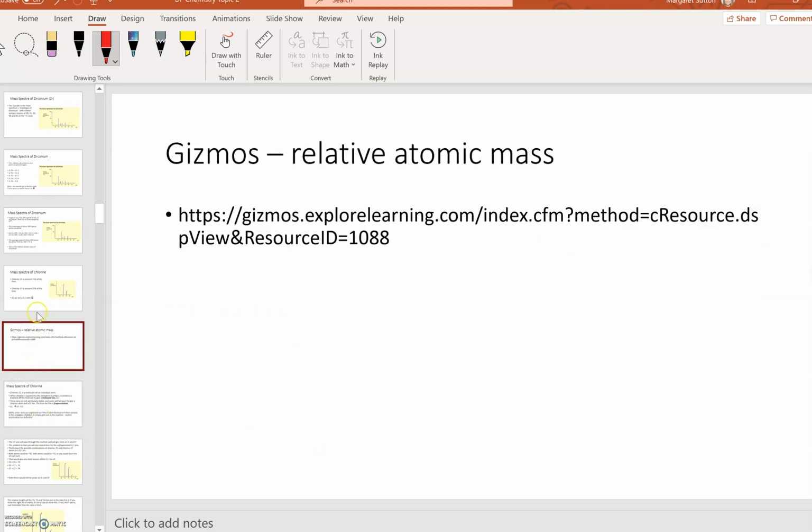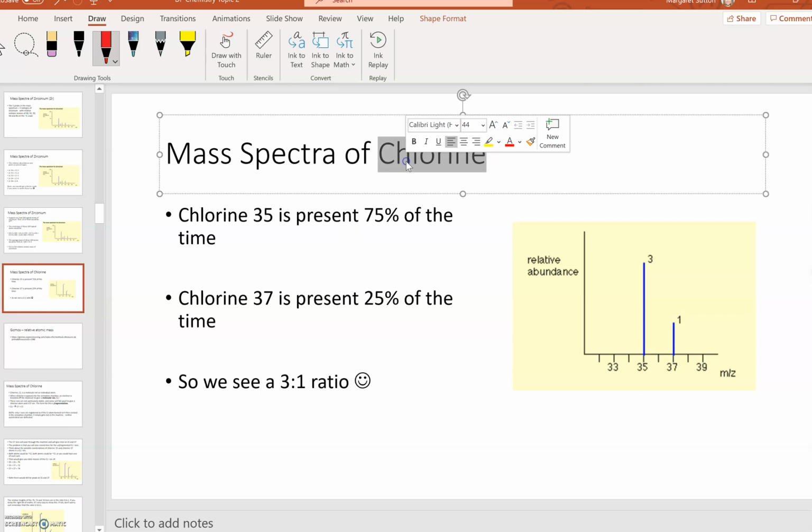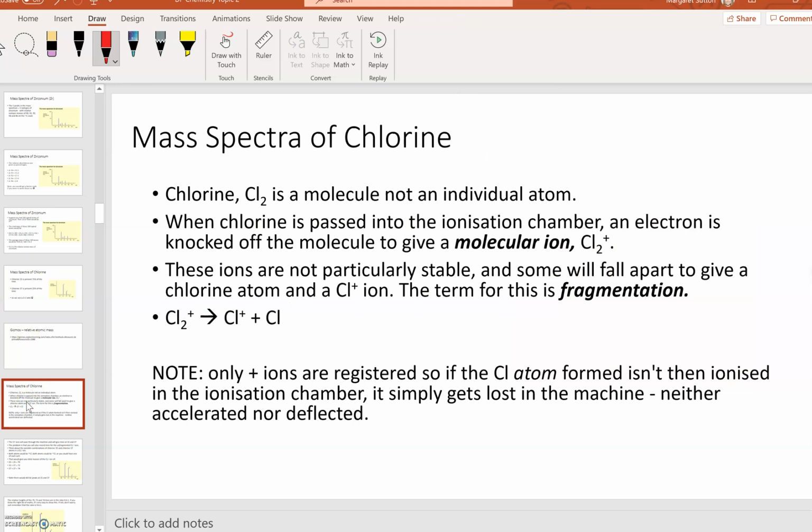But the other thing I want to talk about with this one is that what's been quite easy about the boron and zirconium examples is that those are elements that do exist as individual atoms, whereas hopefully we know by now that chlorine doesn't actually exist as an individual chlorine. Chlorine actually exists as Cl2. So I'm going to show you an example here.